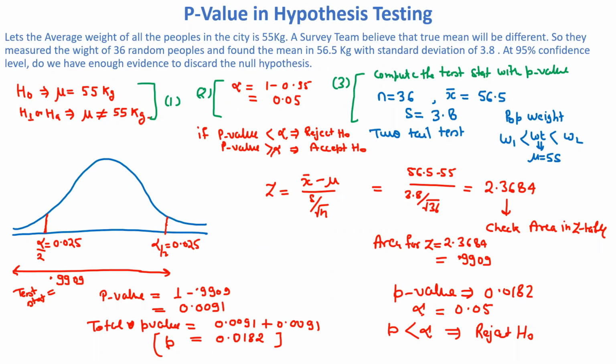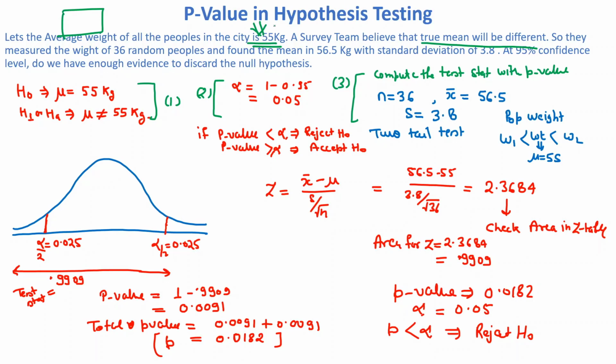Let's explain with one example. The average weight of all the people in a city is 55 kilograms. We have one city, and in that city the average weight is 55 kilograms, and a survey team believes that the true mean will be different. This is a predefined or calculated population weight, which was measured one or two years back. But today the survey team is saying that whatever population mean the government site is showing seems incorrect, and that it will be different.